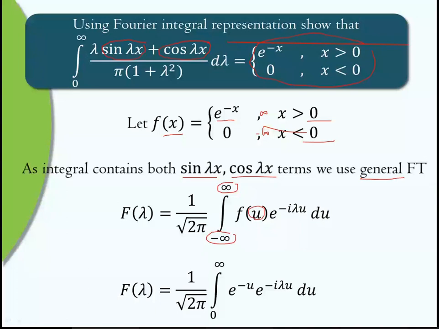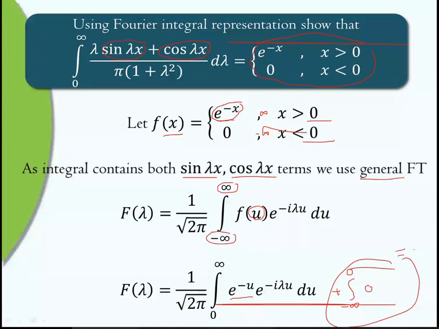But instead of x, now take u. And e raised to minus I lambda u du as it is, plus integral from minus infinity to 0. But between minus infinity to 0, the function is 0. And integration of 0 is 0. Okay, so second integration will be 0.